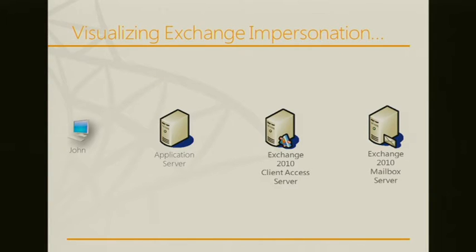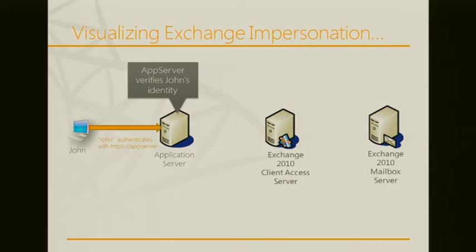Just to give you perspective on how it works. Let's say John wants to access his mailbox for some reason. The application server verifies John's identity, so the app server will authenticate John.